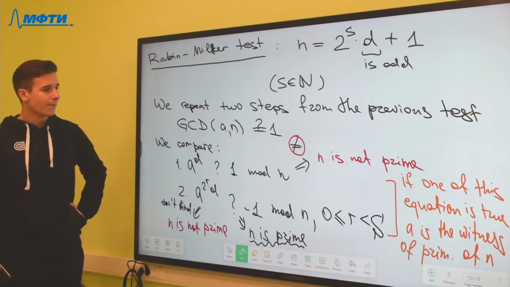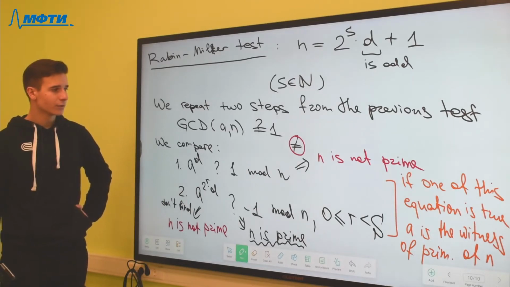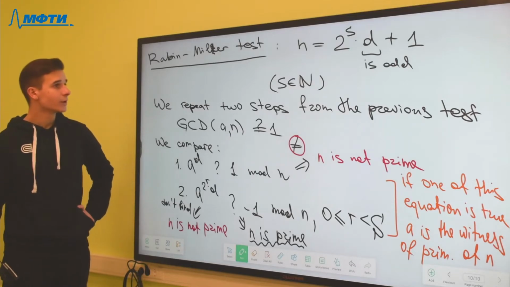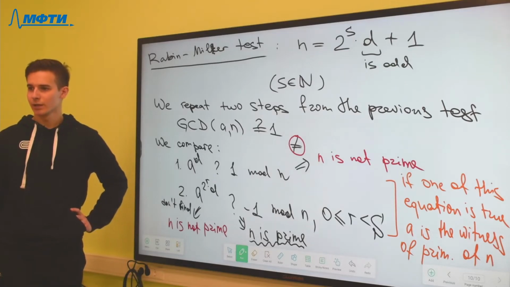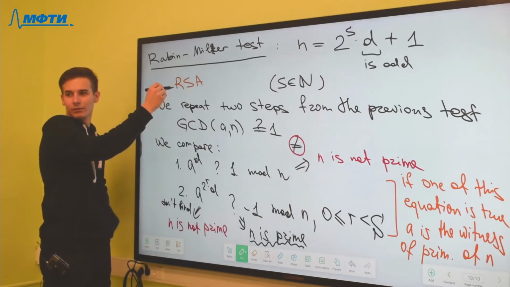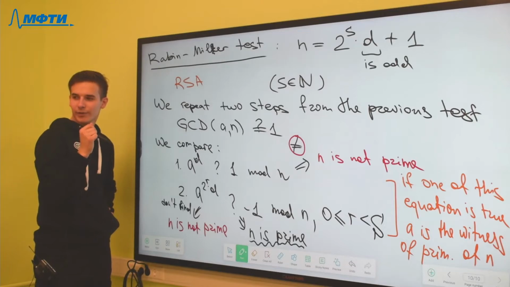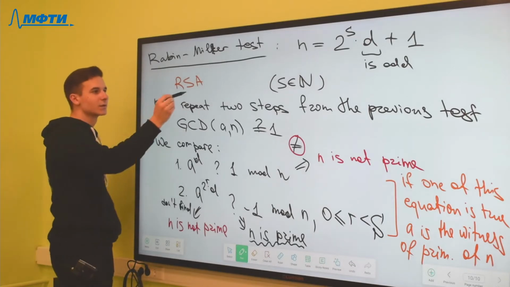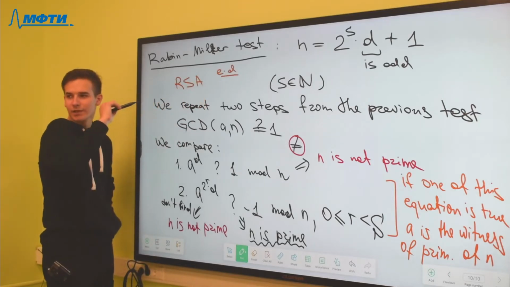Do you know in which algorithm we want to get prime numbers? For example, RSA. Do you know what RSA is? It is a cryptography algorithm to send messages with open and close keys.